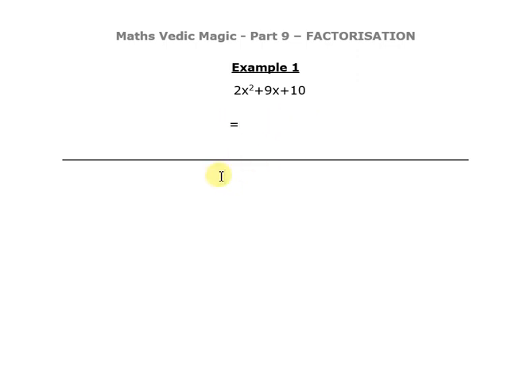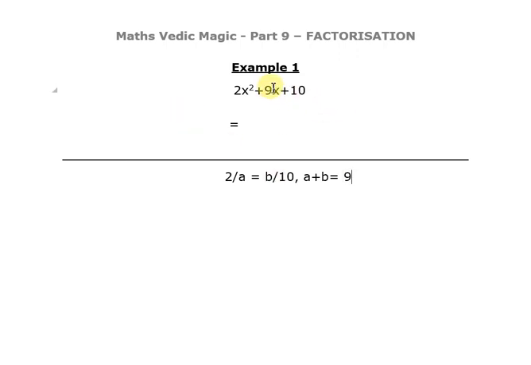Step 1 would be to split the middle term into two parts so that the ratio of the coefficient of the first term to the first factor, let's call it A, is equal to the ratio of the second factor B to the coefficient of the last term, wherein A plus B shall be equal to 9, which is the coefficient of the middle term.